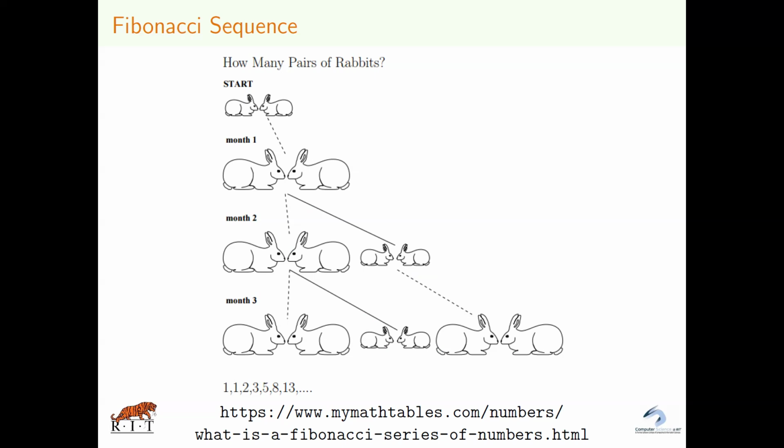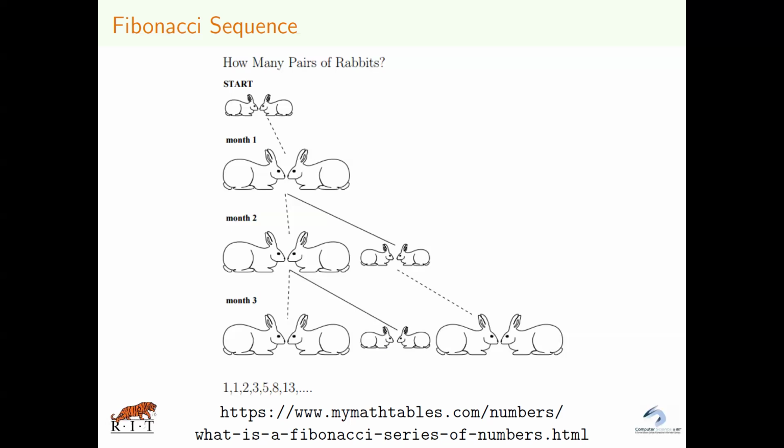So let's see how it works. So the first month, we have a couple of pairs, not pairs, of rabbits. Sorry, I'm thinking about food. The second month, we have this couple of rabbits.